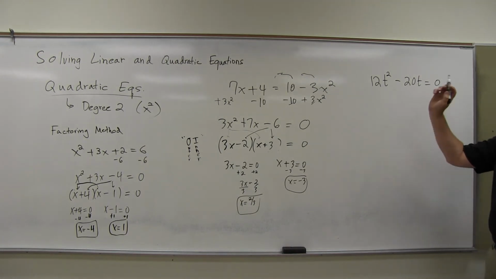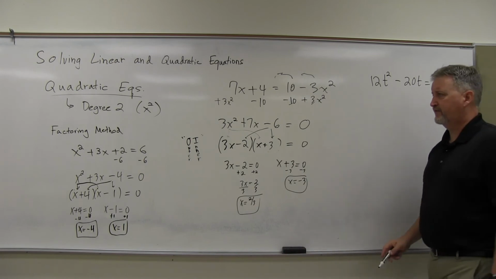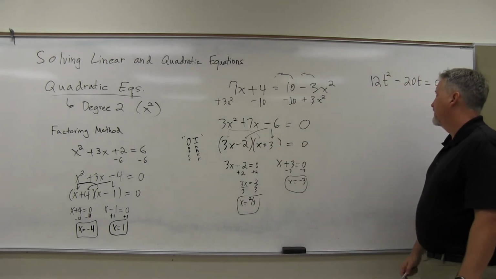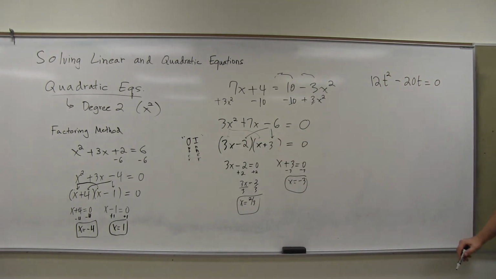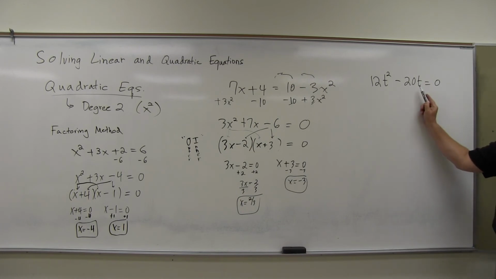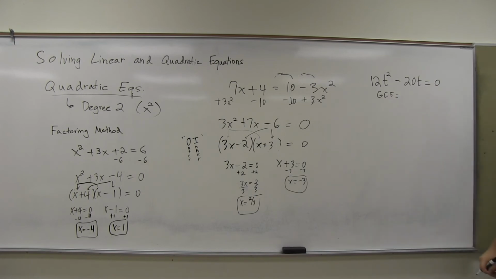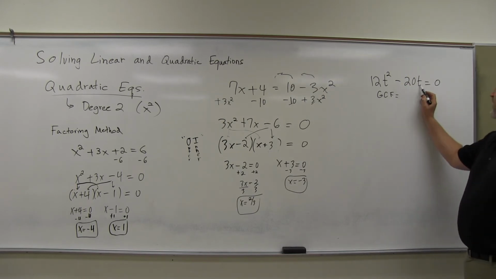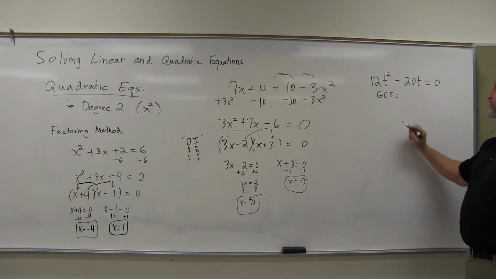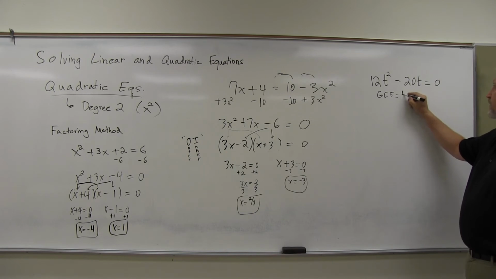What I've got here that I didn't have in my previous factoring, because if you look back at those, we don't have what we have here, and that is one side 0. What we have in number 3 here is a common factor. Let's think about the greatest common factor of those two terms. Both of them have a t, and if you look at the numbers, they have a common factor of 4.